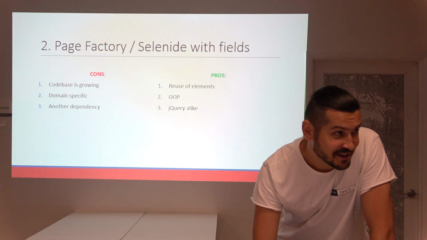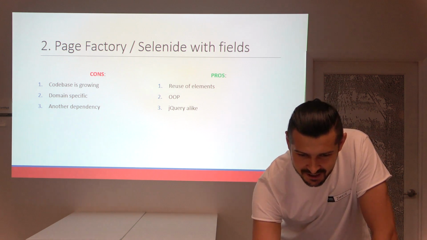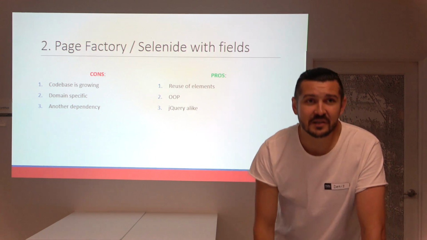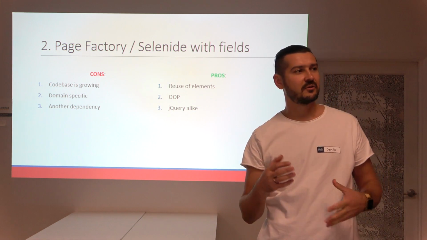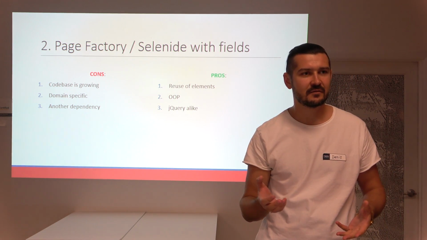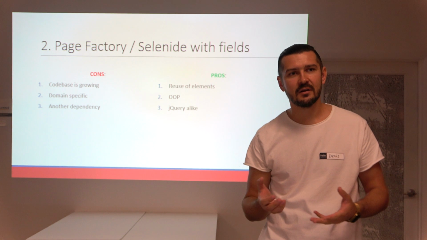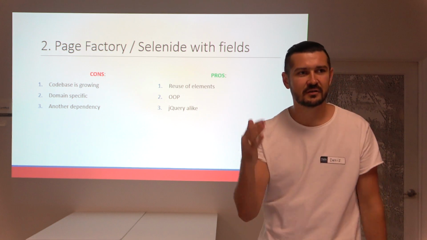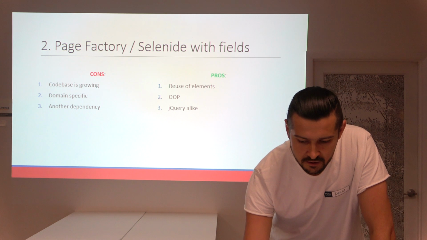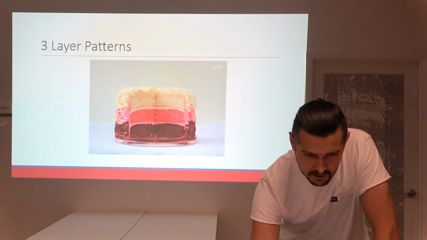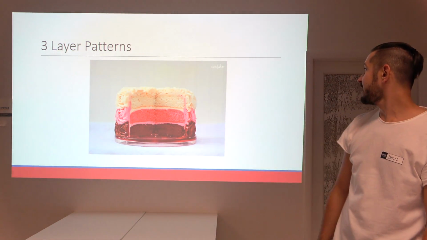Another dependency, right? But there's reuse of elements and your methods now look clean, at least when it comes to page object model, right? So you can clearly read it and see what you're clicking, what you're doing, which is kind of nice, I think. So now 3-layer patterns.